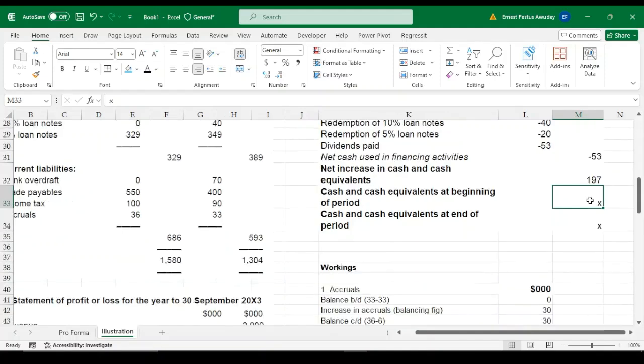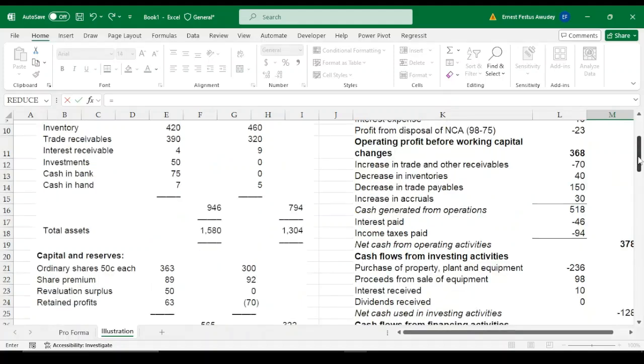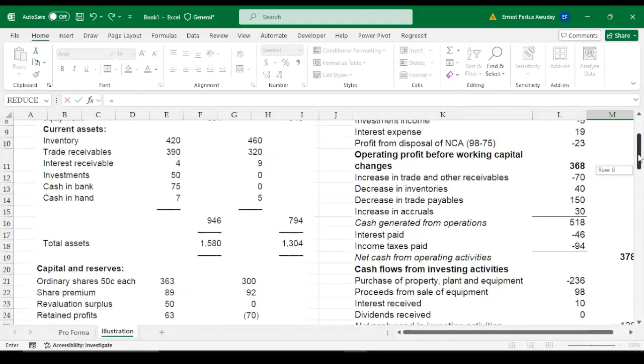Then what is our cash and cash equivalents at the beginning of the period? That can be found on the statement of financial position. So let's come to our assets. At the beginning of the period, cash in the bank was zero, and the cash in hand was 5,000.